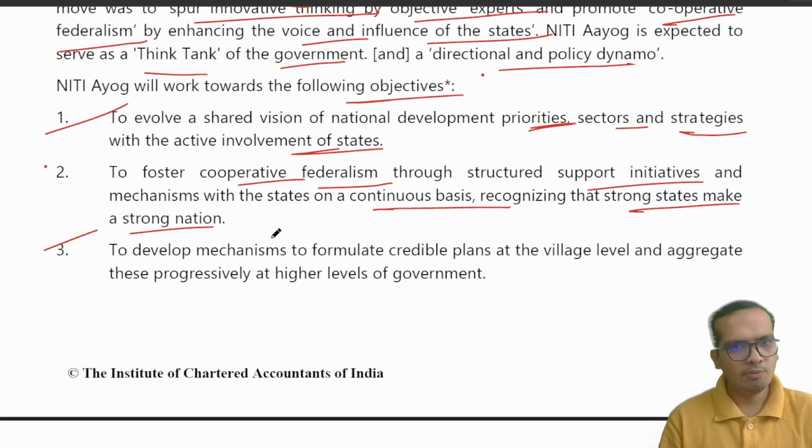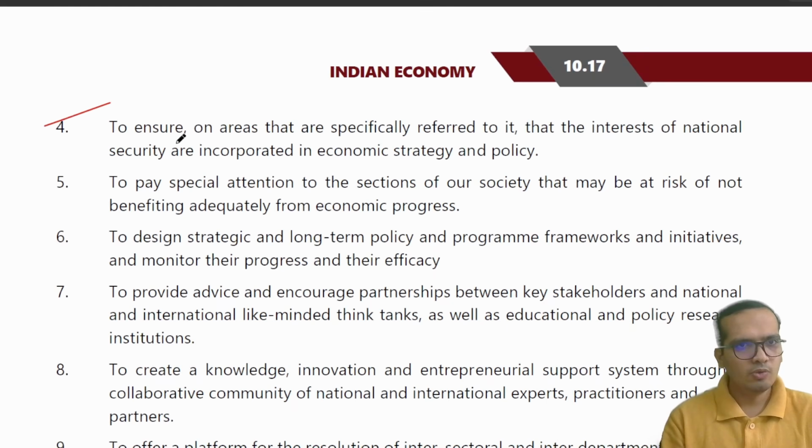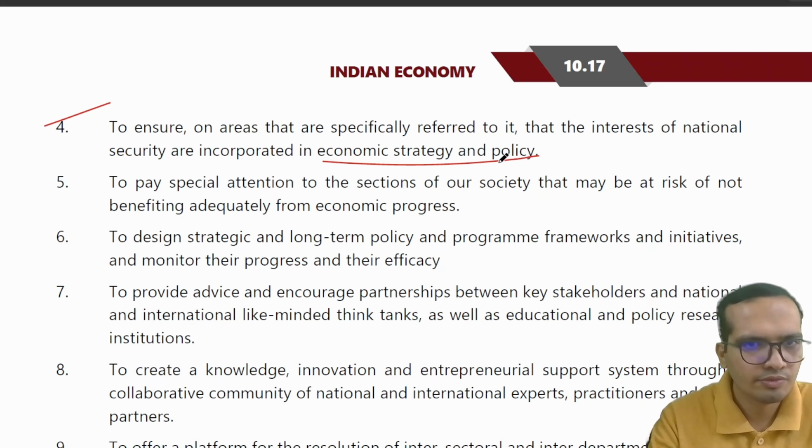Third, to develop mechanisms to formulate credible plans at the village level and aggregate these progressively at higher levels of governments. Fourth, to ensure, on all areas that are specifically referred to it, that the interests of national security are incorporated in economic strategy and policy.